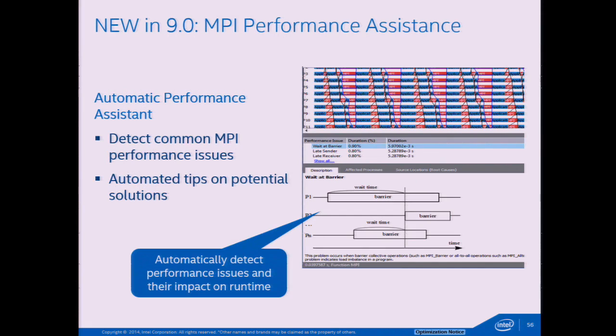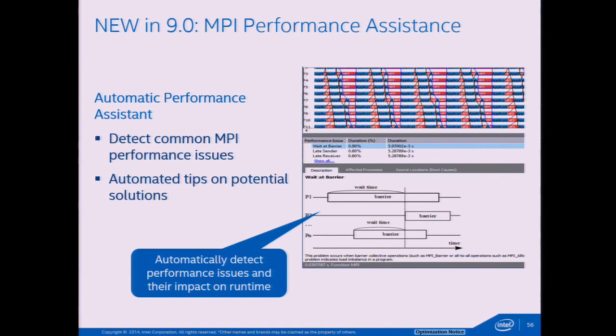What this will do is actually try and match up certain scenarios that are very performance intensive or cause performance lag in MPI applications today, and try to give you advice about how to potentially fix them.